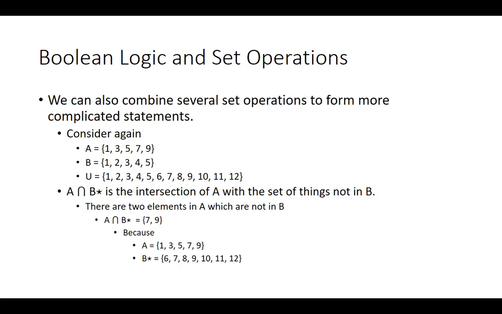A intersection B star would be the intersection of A with the set of things not in B. There are two elements in A which are not in B. Seven and 9.